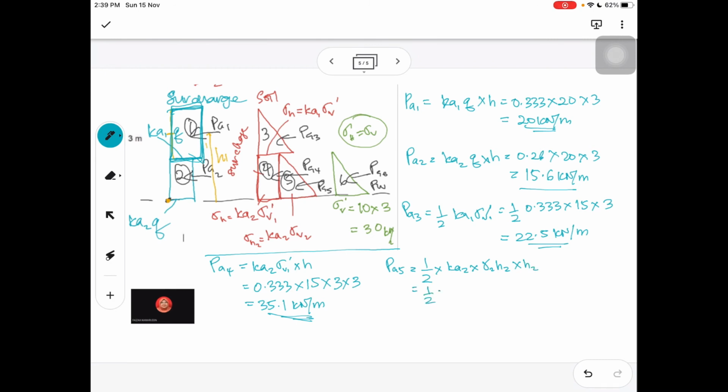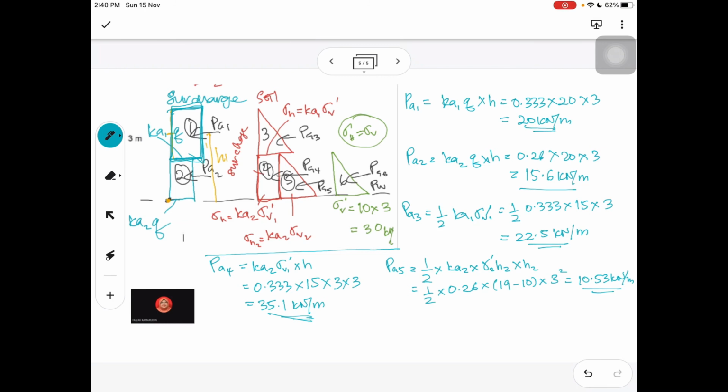So it is equal to half times 0.26 times, this is effective unit weight, so 19 minus 10 times H2 squared. Okay, H2 is 3, so 3 squared, so that will be equal to 10.53 kilonewton per meter.